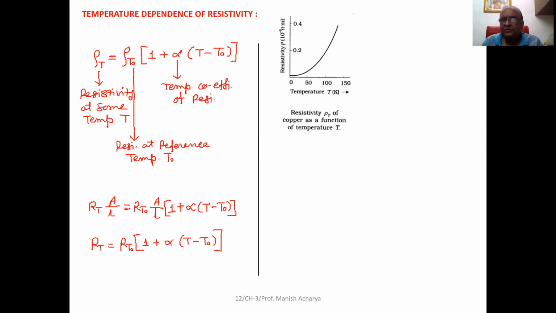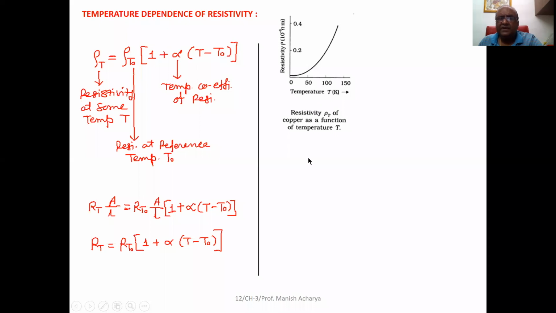Here we can observe that as temperature increases, initially the resistivity increases very slowly up to 50 Kelvin. But after 50 Kelvin, the increase in resistivity with temperature is considerable.